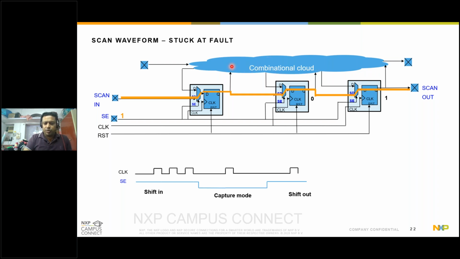Let's say for this particular response there is a defect present in this combinational cloud, and the response we got from this cloud is 1 instead of 0 for this particular node. Whenever I shift out this pattern and compare this response with the expected response, I will get an error, and that will be an indication that there is a defect present in my design, and probably I can reject that part.